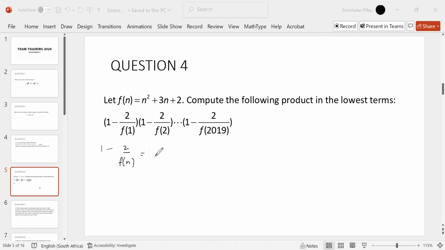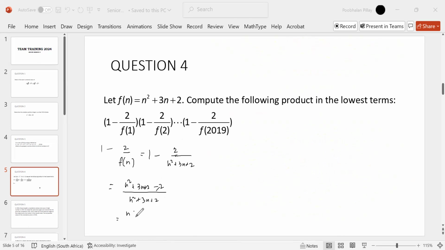So this is 1 minus 2 over n squared plus 3n plus 2. And the common denominator is n squared plus 3n plus 2. Here you have n squared plus 3n plus 2 minus 2. Okay, the 2's cancel off and you have n squared plus 3n.